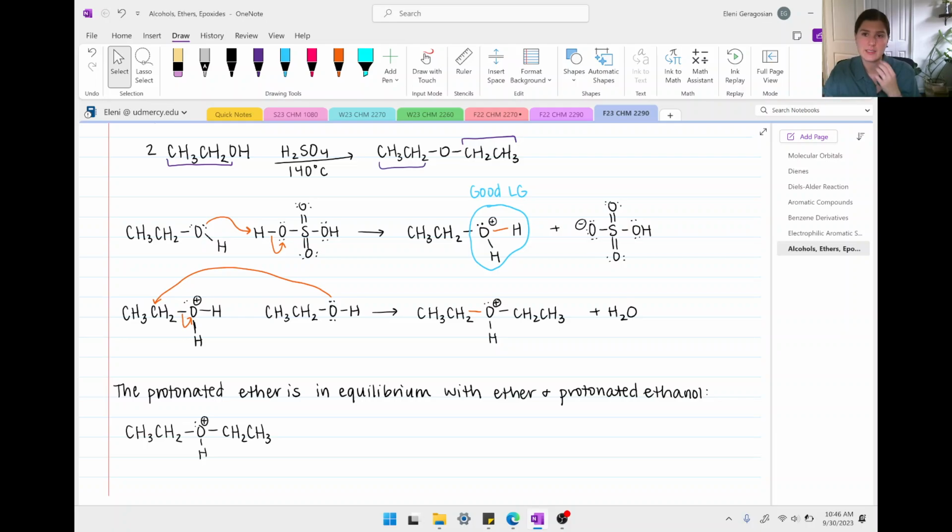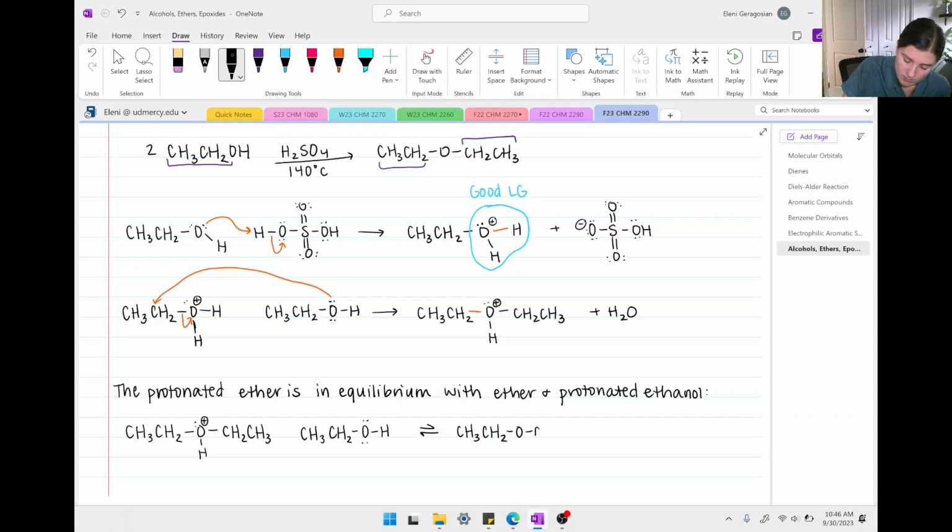Since we have excess alcohol, there are some ethanol molecules that had not gotten protonated by the sulfuric acid, so they're still present as a neutral alcohol in solution. They can exist in equilibrium with the deprotonated ether and protonated alcohol.